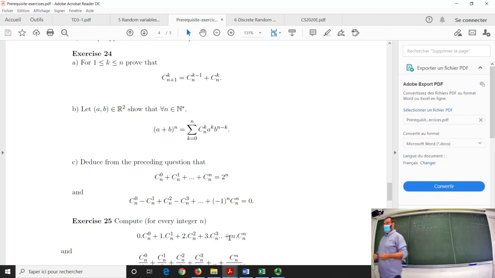Just a remark concerning what I have said previously. Since it's the beginning, I have given another name to the index, I call it k prime. But in fact, when you do a sum, whatever the name of the index, you can call it k prime, i, j, as you like. So in this sum I have k prime, but I can erase the prime symbol here because I don't mind about the name of my index.